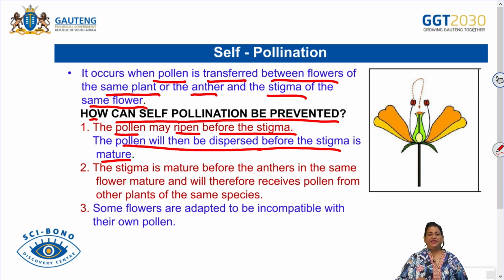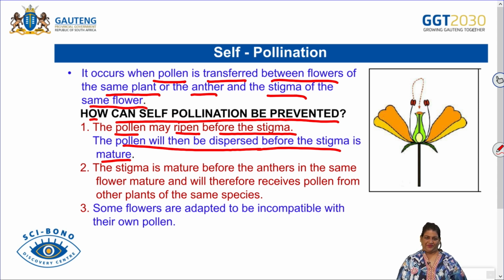So therefore, in nature, to prevent self-pollination, the anther of the one plant ripens first, or the stigma will ripen later. So first the anther is matured to produce the pollen grain. Even if it lands on the stigma, the stigma won't be able to receive the pollen because it is still undeveloped.